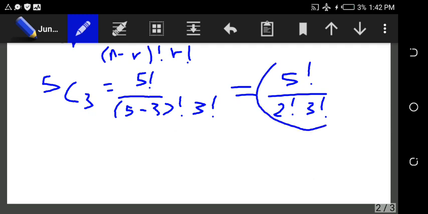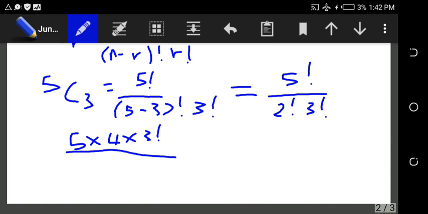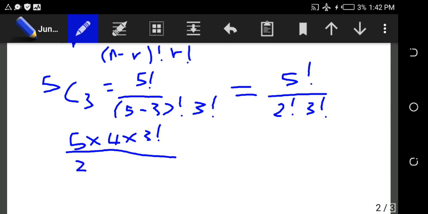So to simplify what we have here, 5 factorial is 5 times 4 times 3 times 2 times 1, all over 2 factorial, which is 2 times 1, times 3 factorial, which let us still retain.